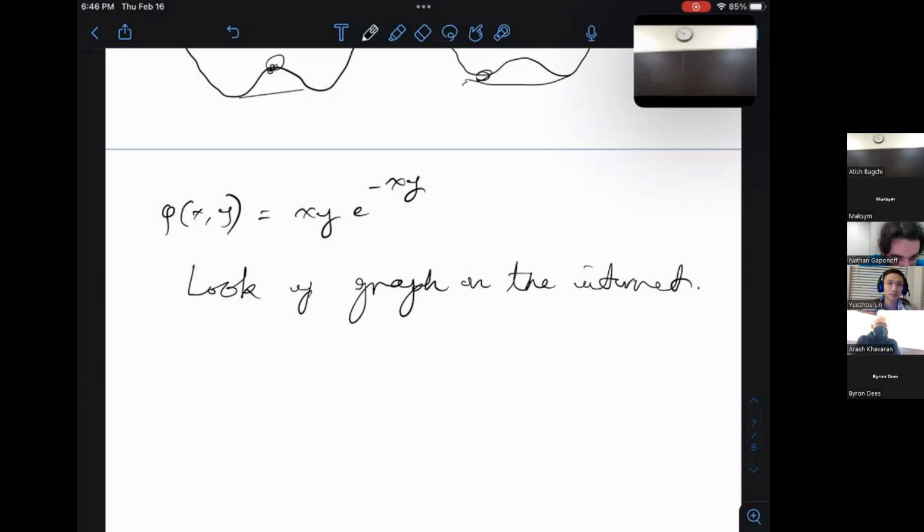Okay, but can you check the problem that I worked out in the notes? e to the xy times e to the minus x squared minus y squared, or is it xy times e to the minus xy?